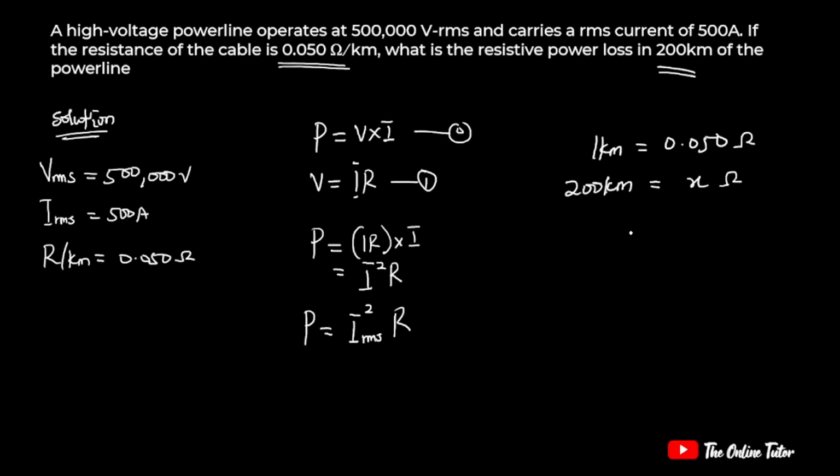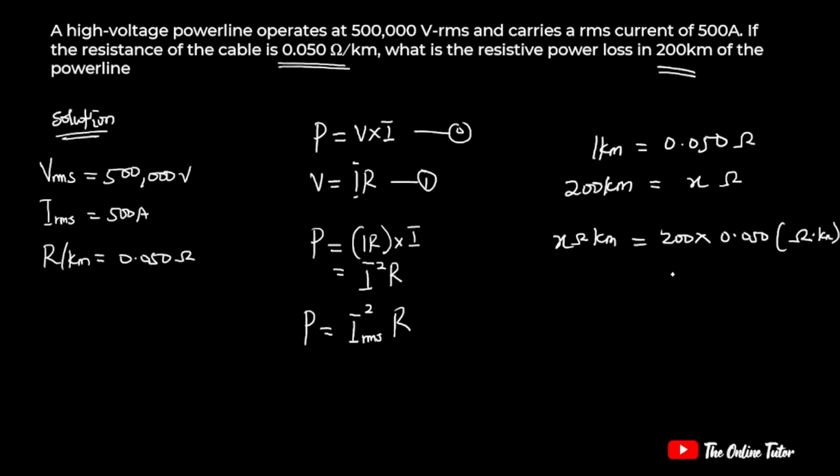So here we cross multiply. If we do that, we have X ohms kilometer, because x times 1 gives us x, equal to 200 multiplied by 0.050, and the unit is ohm multiplied by kilometer over here.